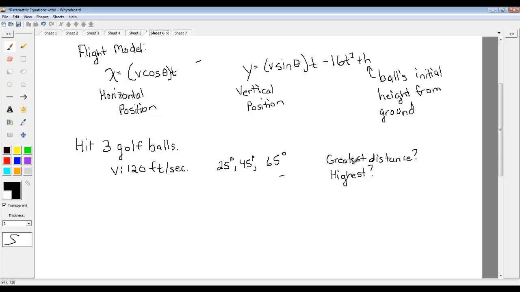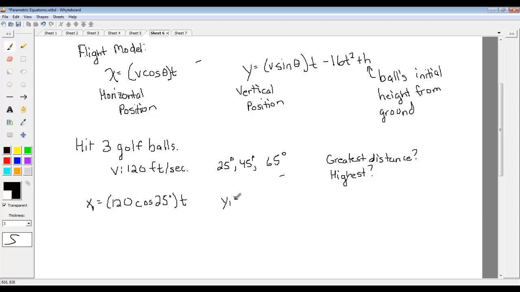But we can use our flight model here to come up with some equations. What we're going to do is put these equations into the calculator, and we'll compare the graphs in the calculator. For ball 1, x sub 1 is going to equal 120 times the cosine of 25 degrees times t.